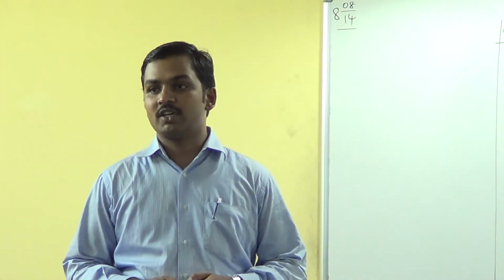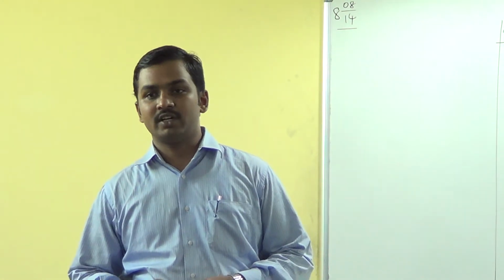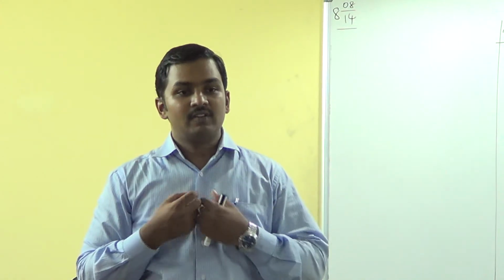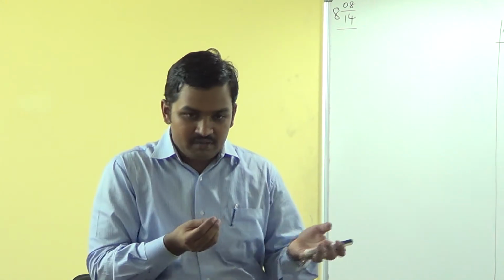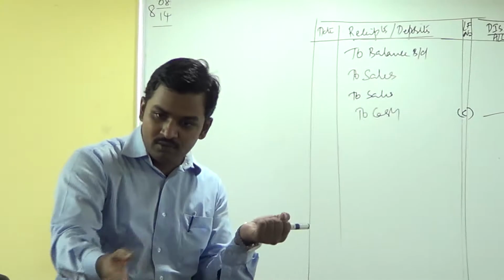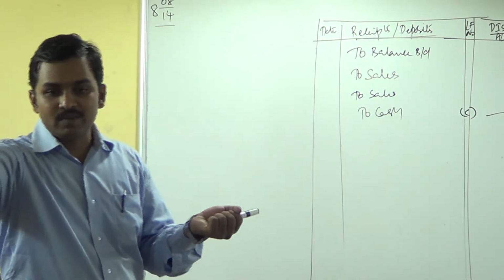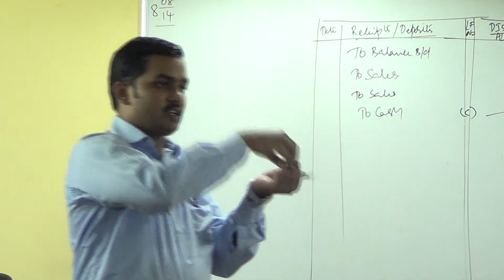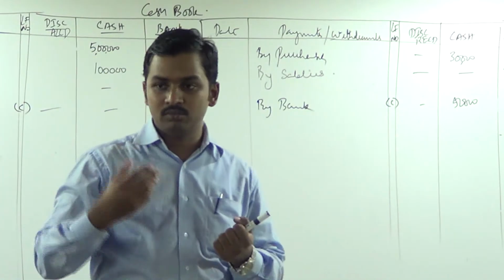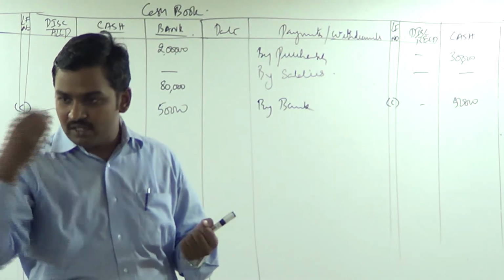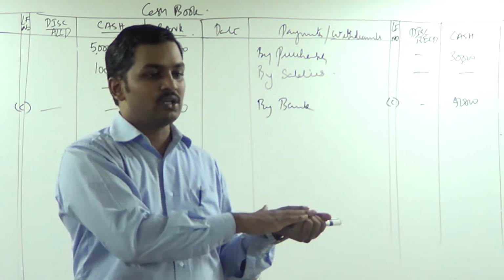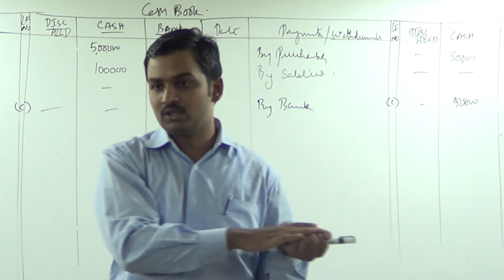As soon as we receive the check, we assume that it has been deposited in the bank, and on the same day, on 14th August itself, money has been transferred from the account of Mr. Ramesh to the bank account of the business. Is it clear?